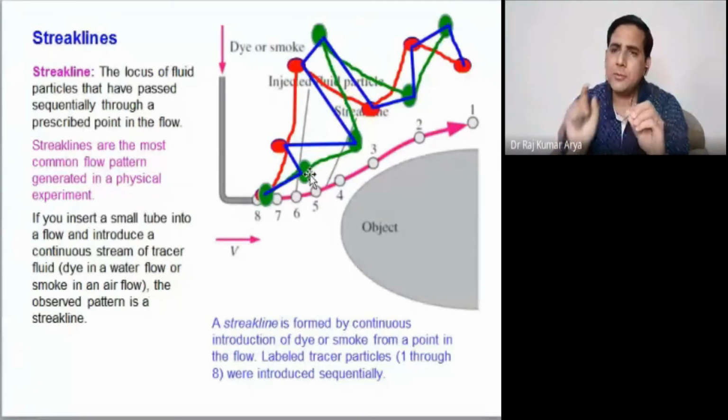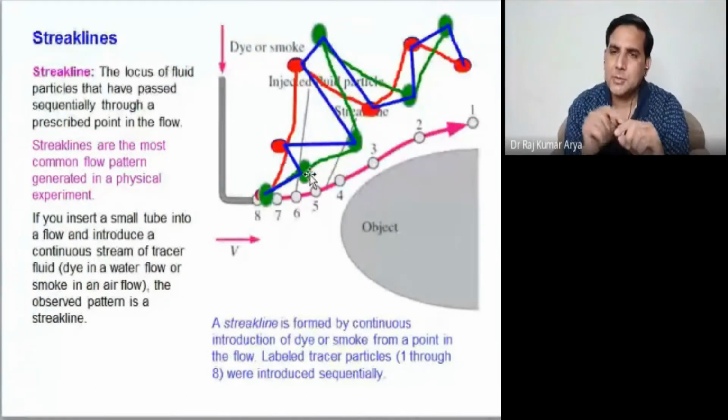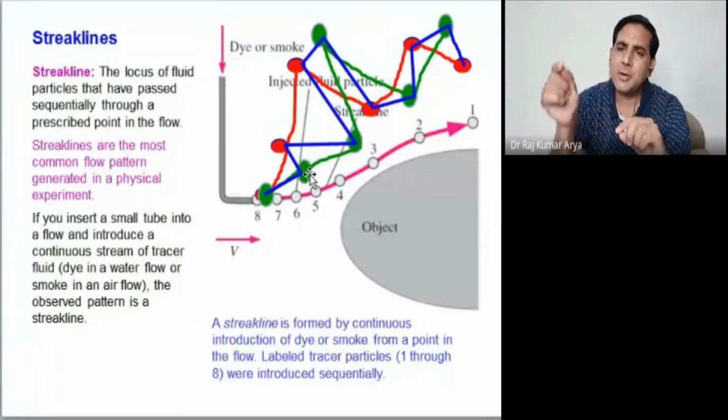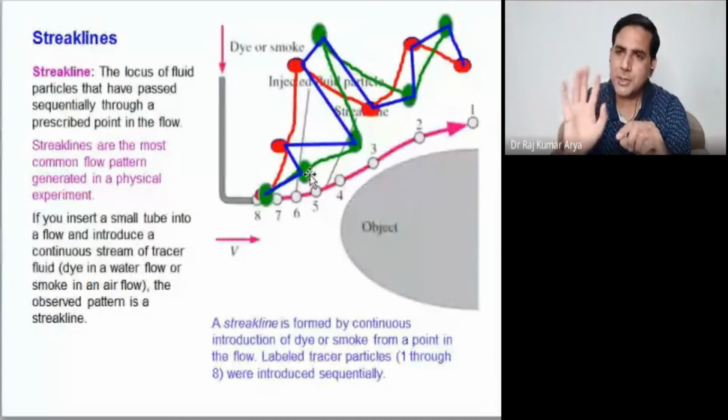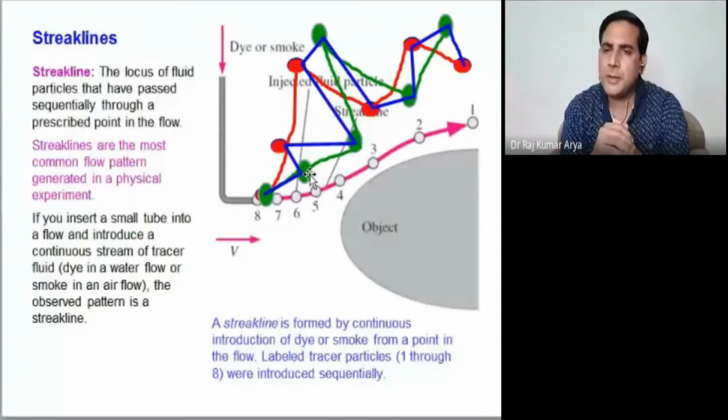Now we want to draw where particle 1 and 2 are combined. So we are joining them in the order of time they have gone, meaning particle 1 went first, after that 2 went, right? So connecting 1 to 2, we will come back to the original position.